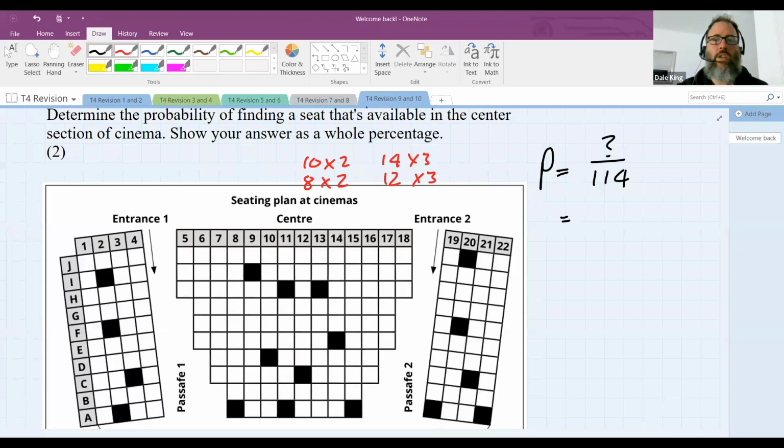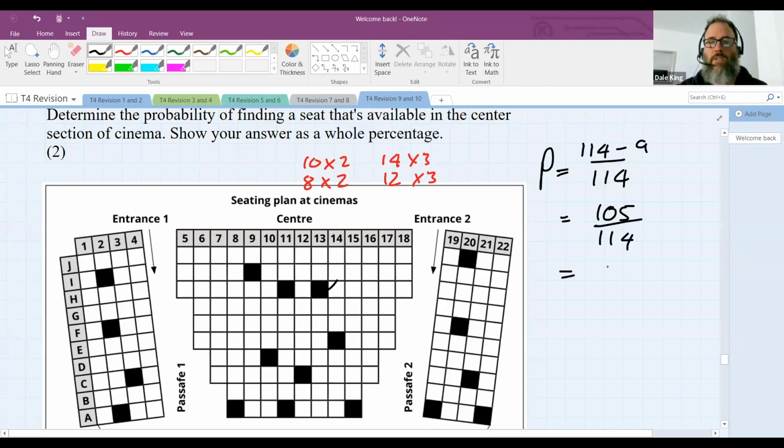So the top of this fraction is the total number of seats, 114, minus the ones that are not available, which is 1, 2, 3, 1, 2, 3, 4, 5, 6, 7, 8, 9. So there's 114 in total, 9 are not available, which means we're going to have 105 over 114.